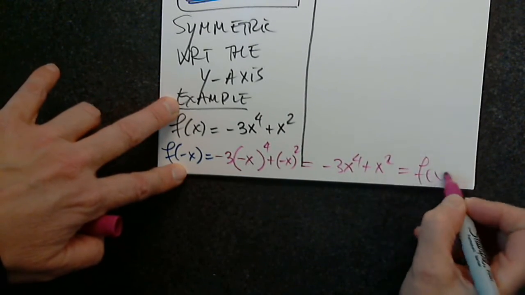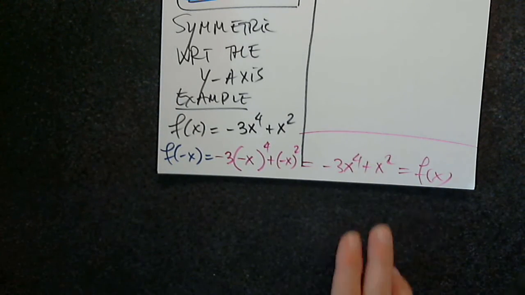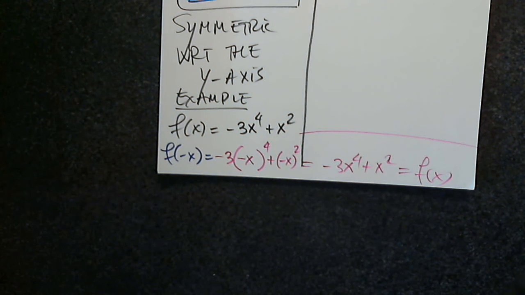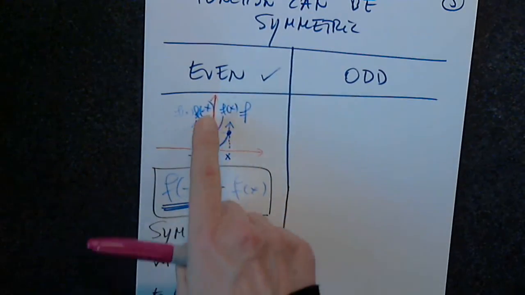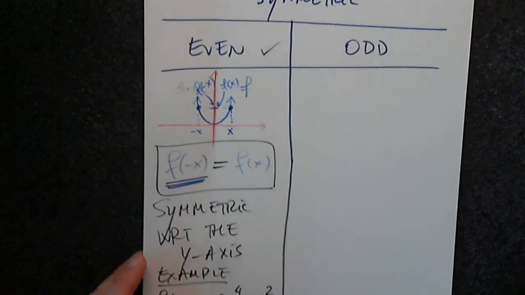And it does equal f of x. This is the identical function. Replacing x by negative x didn't change anything. Therefore, the function will be symmetric with respect to the y-axis. Questions?